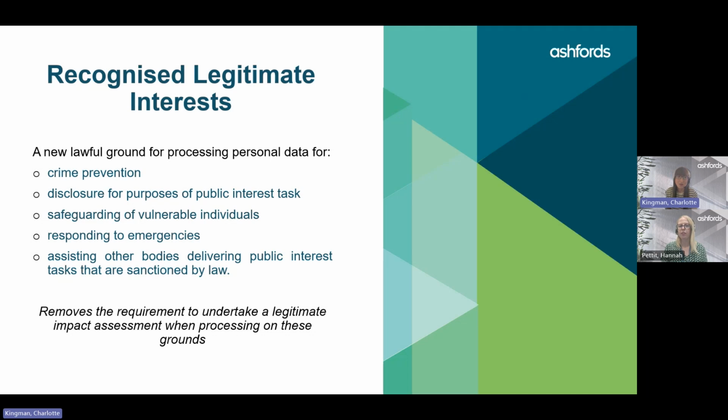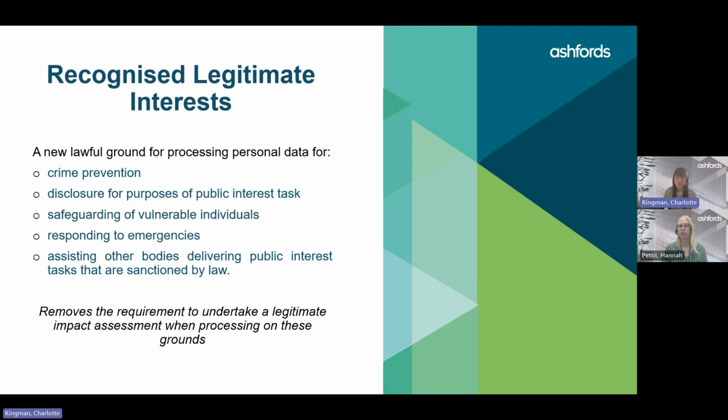So what the Act does is it introduces a new lawful ground for processing personal data, allowing businesses a bit more flexibility for use of data around things like crime prevention, disclosure for purposes of public interest tasks, safeguarding of vulnerable individuals, responding to emergencies, and assisting bodies with delivery of public interest tasks.